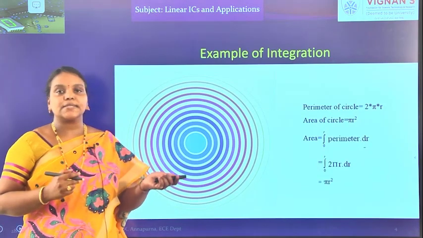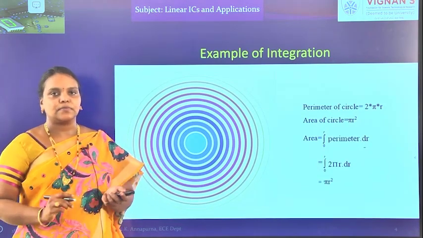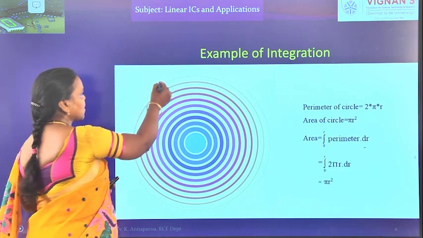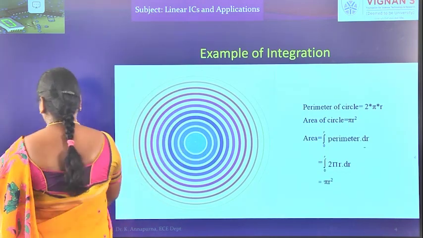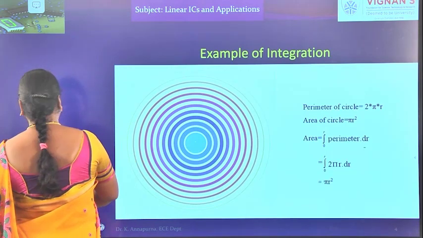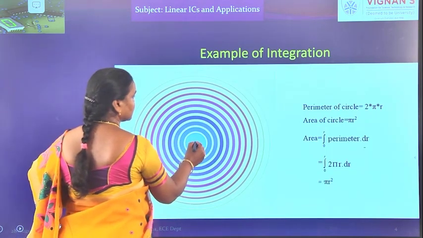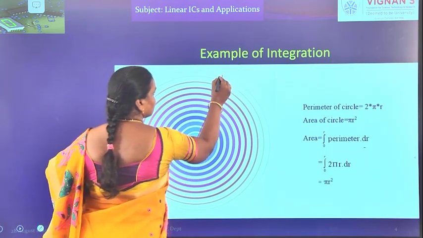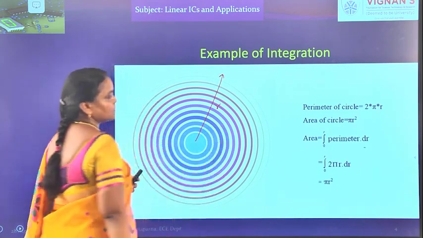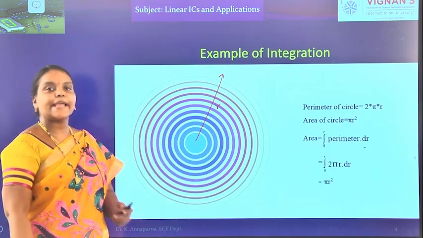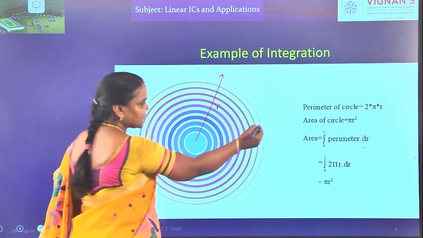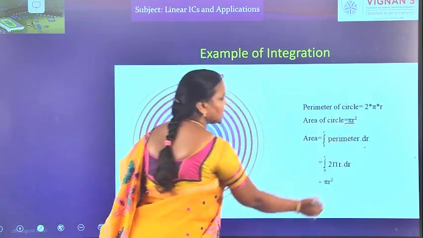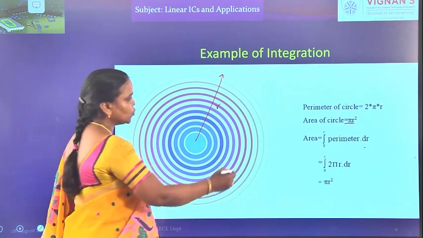Let us consider a well known example. Consider this outer circle whose radius is r. What is the area of this circle? Area is pi r square and perimeter is 2 pi r.